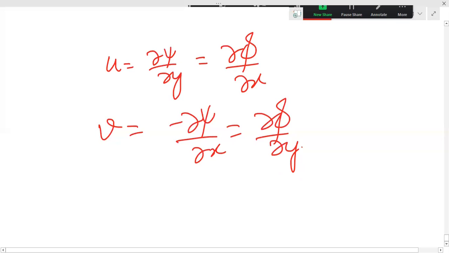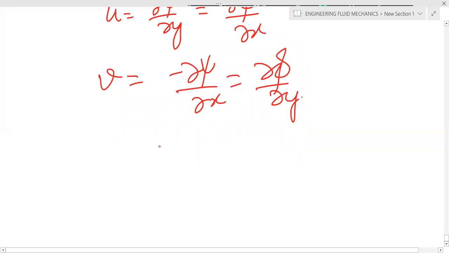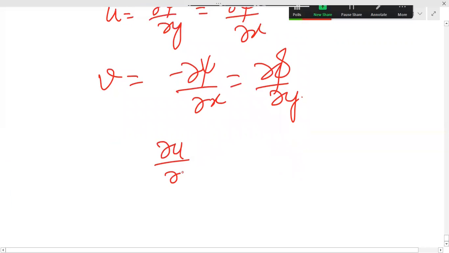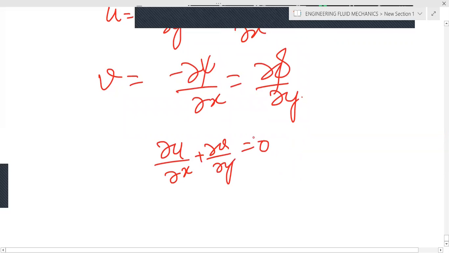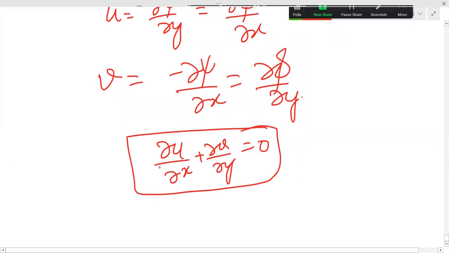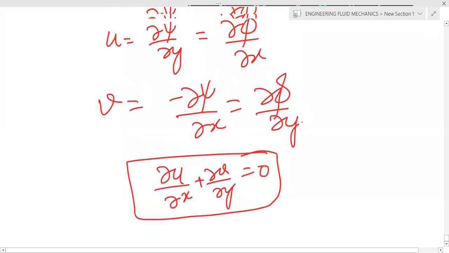Now, help me to write down, you know that any kind of flow field should satisfy this. What is this equation? Continuity equation. And we saw that stream function actually was defined using this continuity equation.